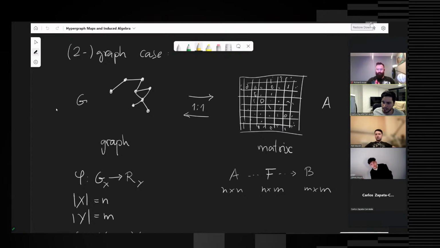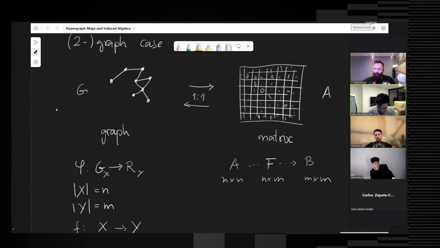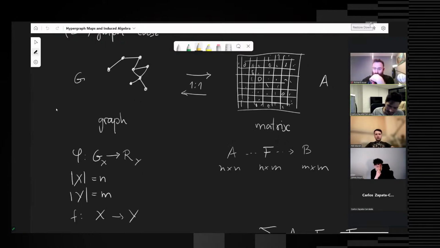There is some tension at the computational level about how to implement exactly what we mean by a map of hypergraphs. So for context, let's just look at the example of a map of graphs in a conventional sense. If you have a map of graphs, normally what you mean is a map of the underlying vertex sets.